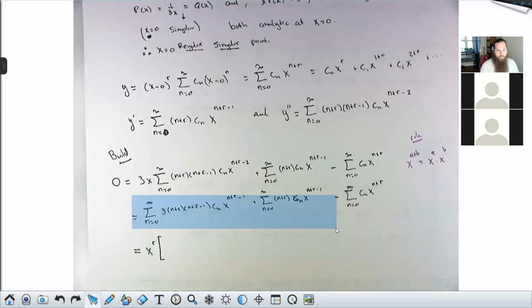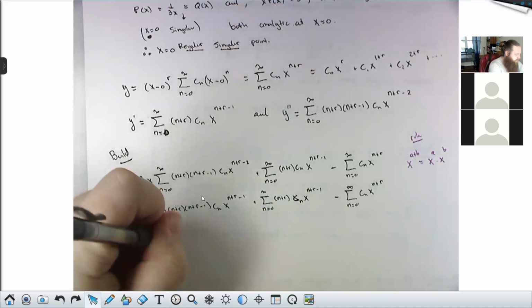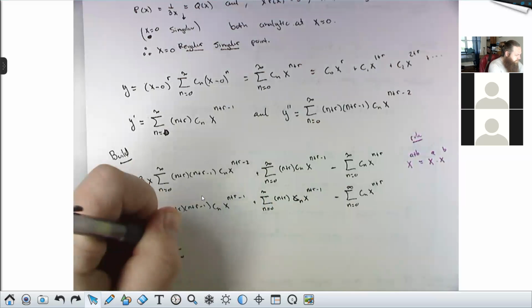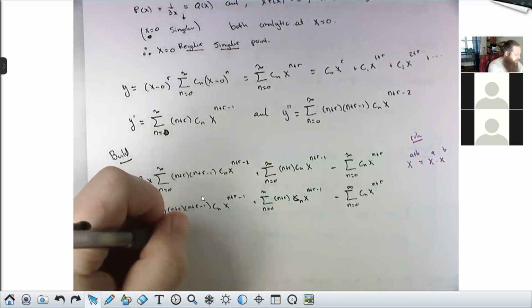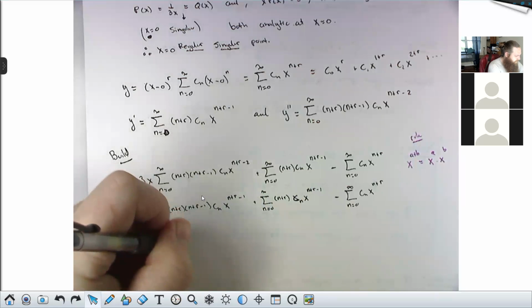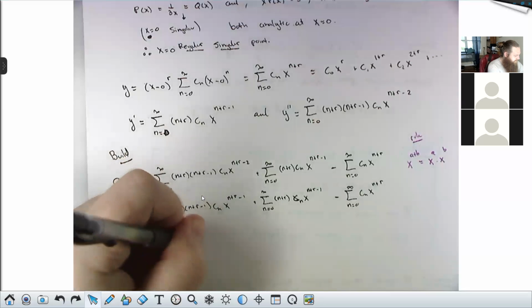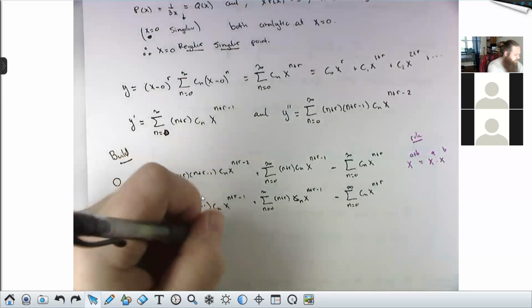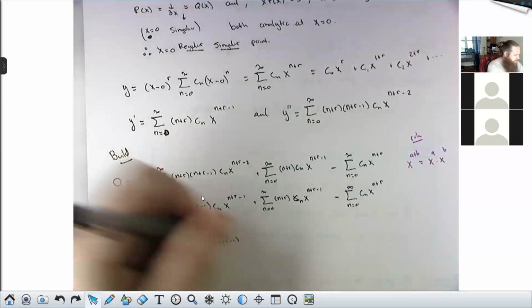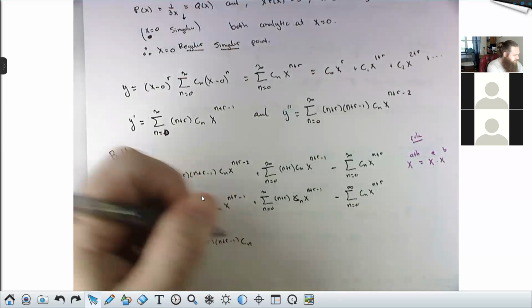Now in the first 2 series, you notice that the starting indices match, the powers match, and when I factor out an x to the r, these will both become x to the n minus 1. So I can go ahead and combine those first 2 series into a single series, sigma n from 0 to infinity, in parentheses. From the first series, I have 3 n plus r, n plus r minus 1, cn.